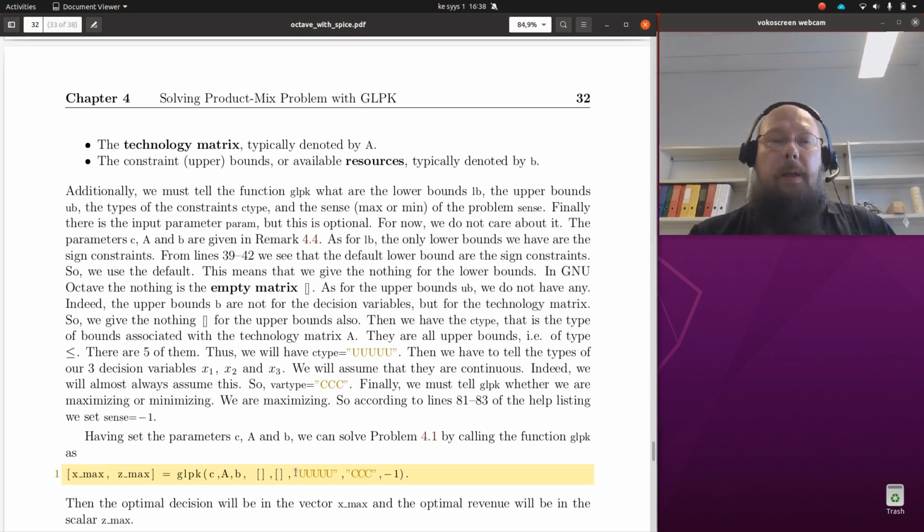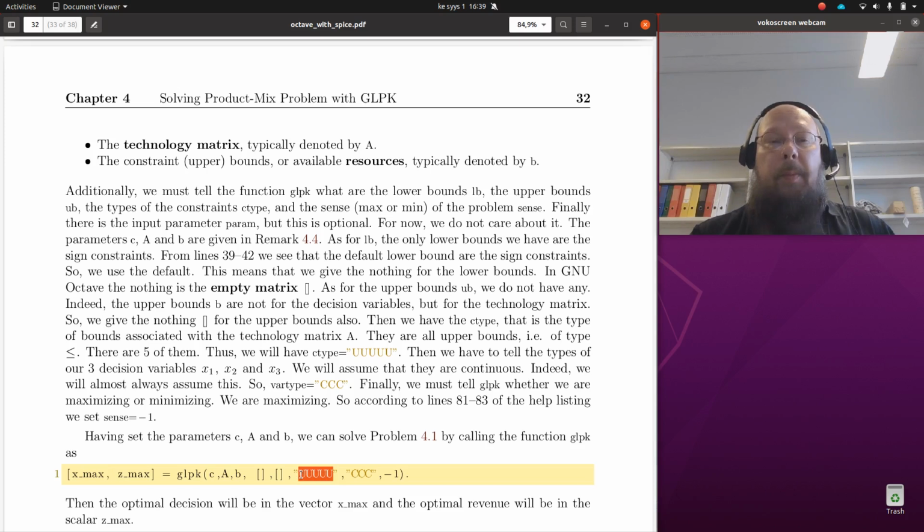Okay, then there was this ctype, that was the constraint type. So how many constraints did we have? We had 5 of them. The sign constraints are not here. These are for the powders, 1, 2, 3, 4, 5 powders, and they were all upper bounds. So there are 5 U's, one for each constraint, each row.